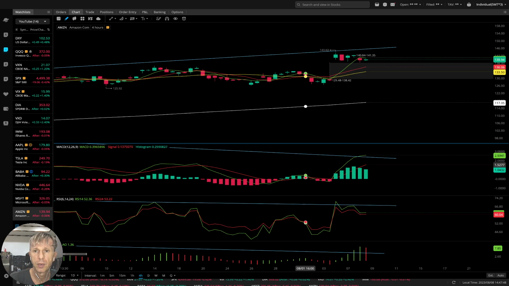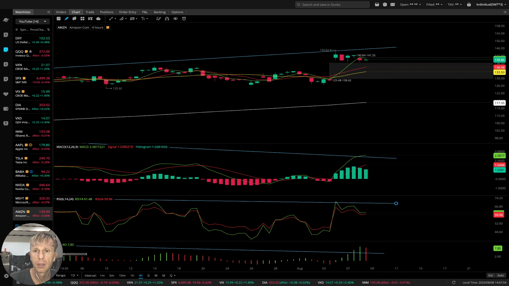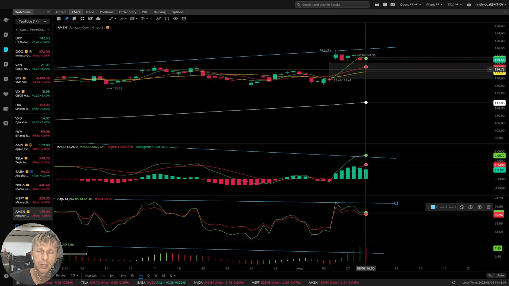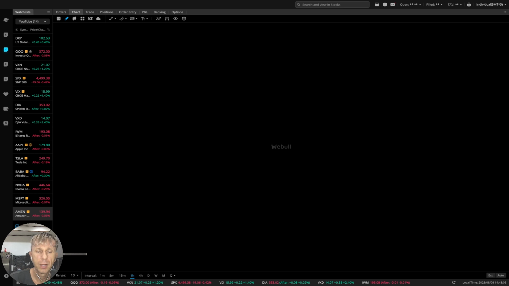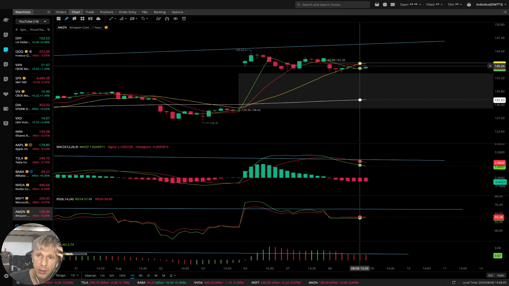4 hours time frame, still bullish trend on all indicators. Last bar moved below MA5, but still bullish, still above 10 and 20, disconnected from 10 and 20. And 1 hour time frame, bearish crossover, MA5 and 10 did bearish crossover over 20.